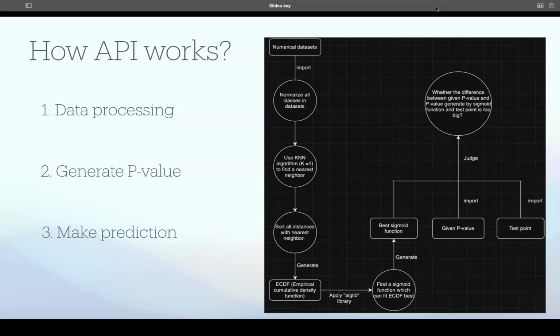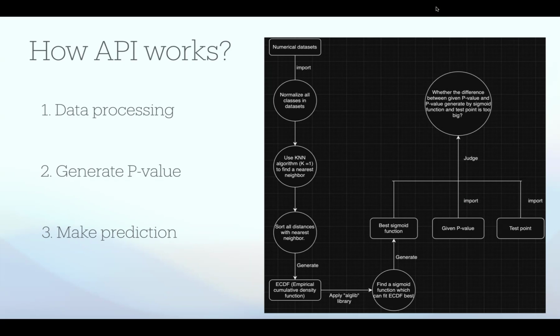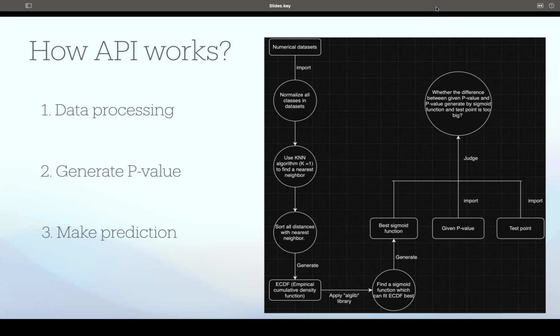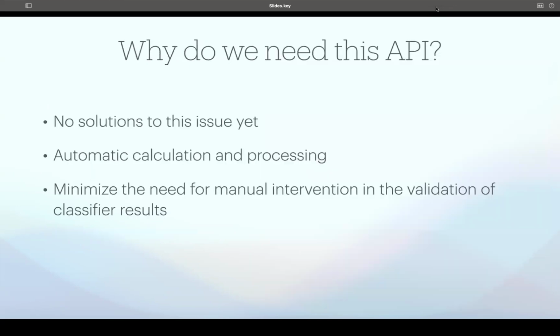And then we're going to generate p-values for each class, like cat, dog, or panda, giraffe, elephant. And then we're going to make a prediction. We have these p-values, and we're going to do the comparison among these p-values. If the value is too big, we will say, hey, the classifier does not know your given input, or vice versa.